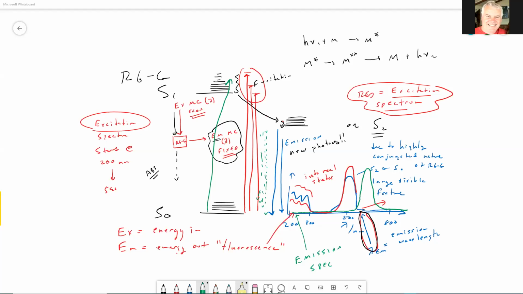So when you do emission spectroscopy and you excite at, say, 300 nanometers, at what wavelength can you begin scanning the emission? Would it still be the same as the 200, or, oh no, it goes backwards, so 800?